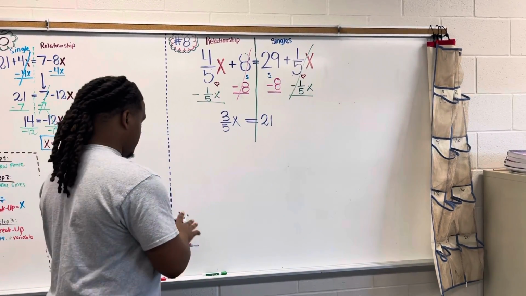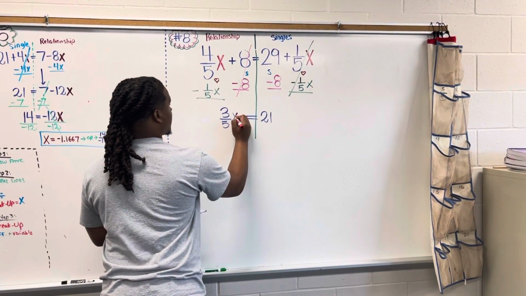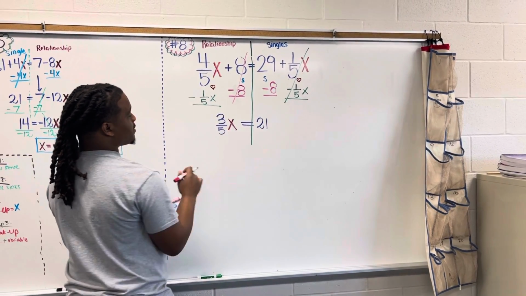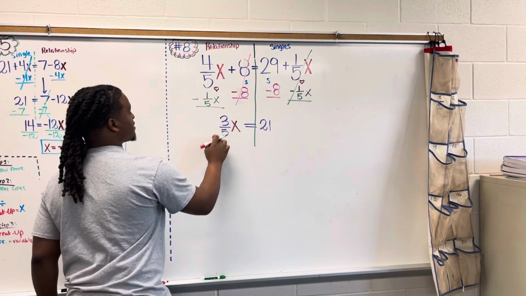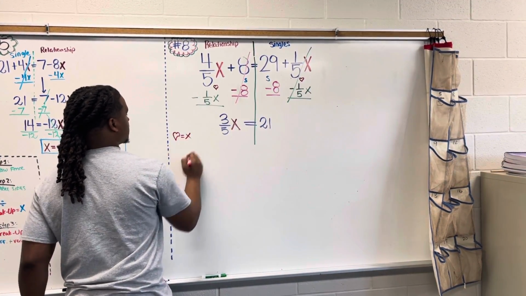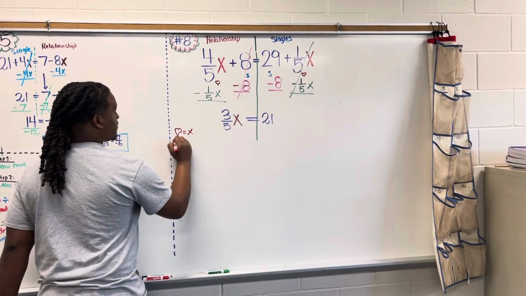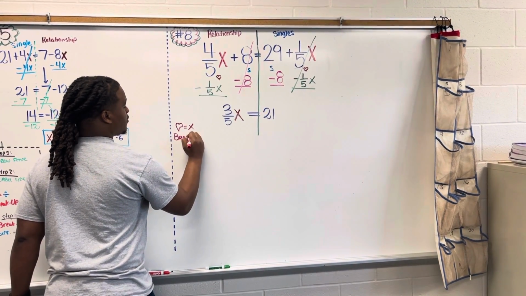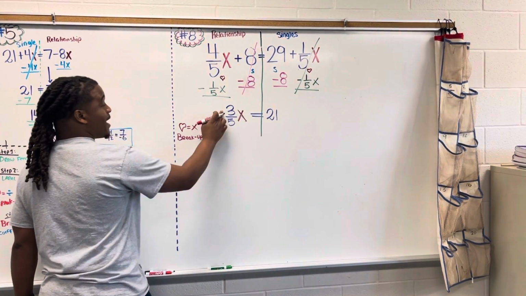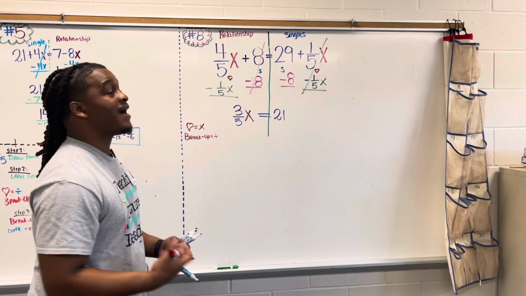So now we're down to the last and final step. Now, 3/5 and X have to break up, because it's saying 3/5 times X, and their relationship is based on multiplication. That means the breakup is based on division. But we have a fraction, so here's how we divide fractions.